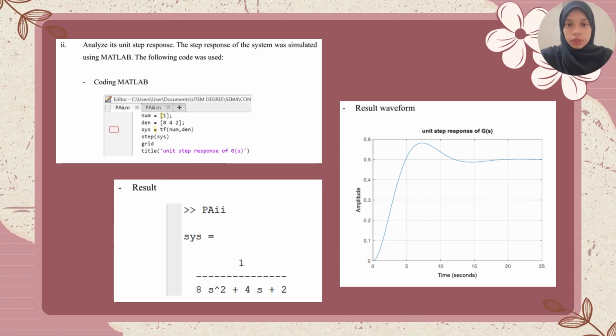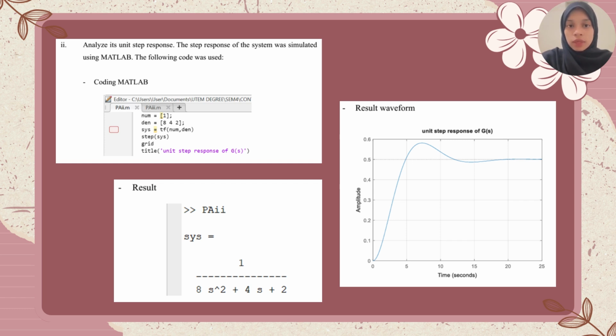In this part, we analyze the unit step response of the system using MATLAB. The transfer function we use is 1 over (2s squared plus 4s plus 2). We wrote a simple MATLAB code where we define the numerator as 1 and the denominator as [2 4 2].